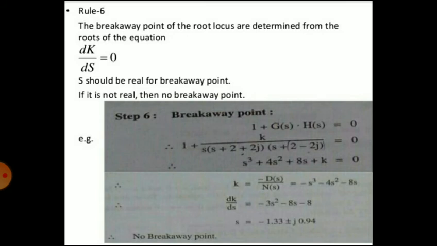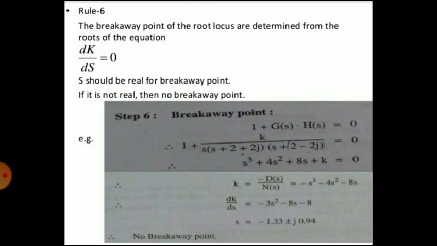In this slide, you can see another breakaway point example. The transfer function is given. So you will get the equation s cube plus 4s square plus 8s plus k equal to 0. Then k is equal to minus d(s) upon n(s). After differentiating, you can find the value of s, which is minus 1.33 plus or minus j 0.94.